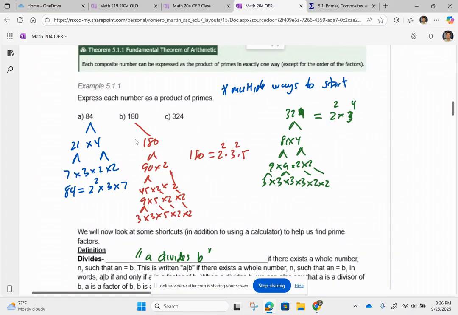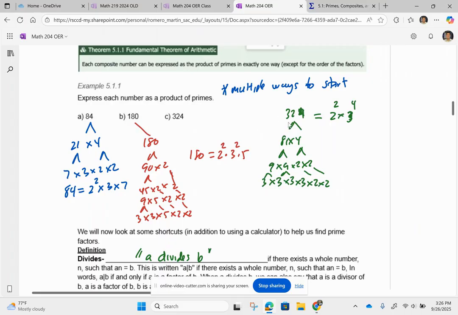And so you see some examples here. What sometimes students struggle with is, look like 84, 21 times 4, 7 times 3 times 2 times 2. Ultimately, it ends up what we call a product of primes. And so this product of primes we call the prime factorization.